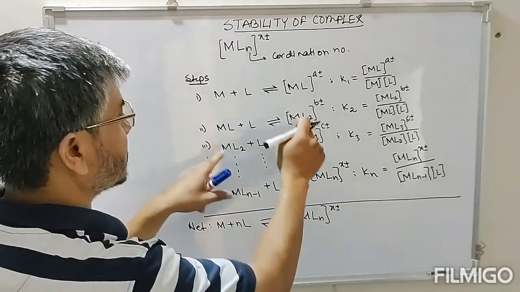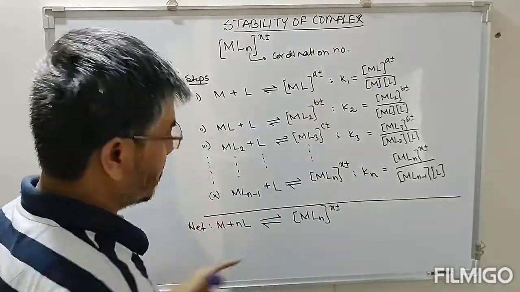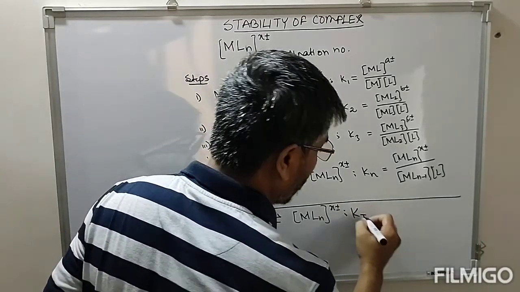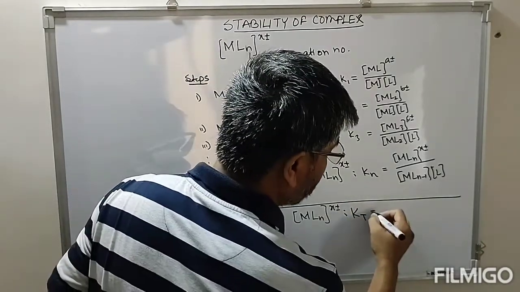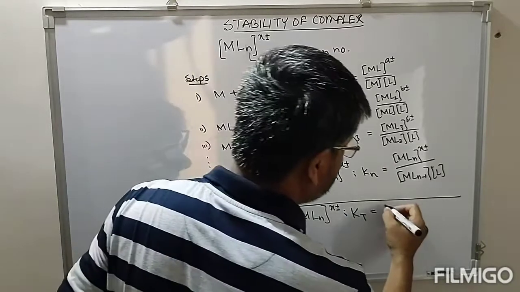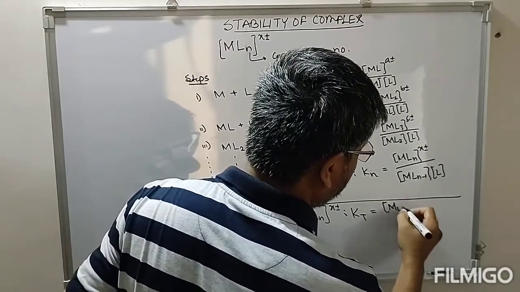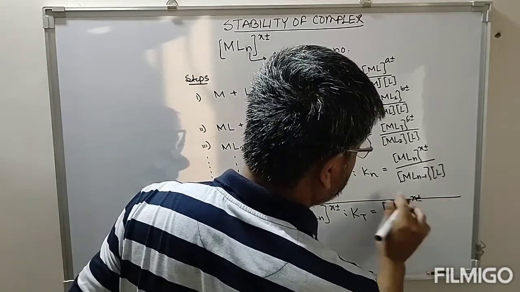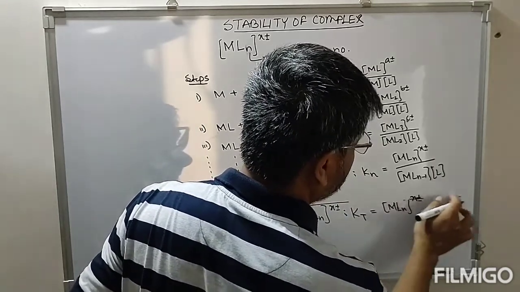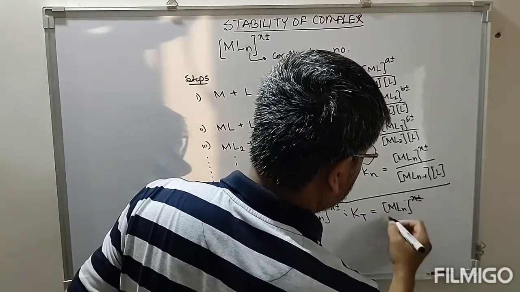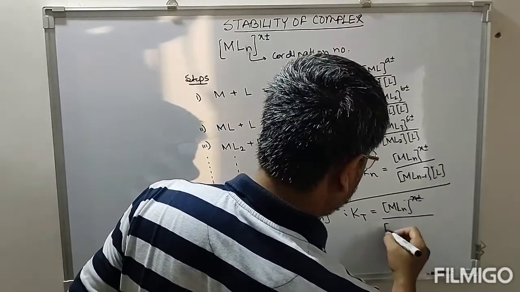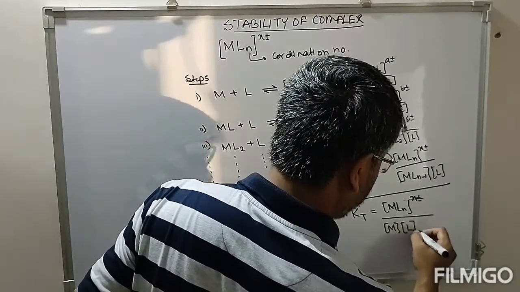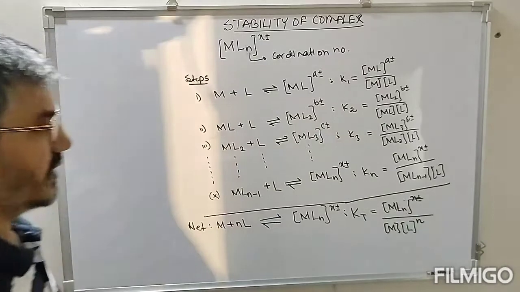So let this be K total. K total, the equilibrium constant total, is MLn X plus minus divided by concentration of M into concentration of L raised to the power n.